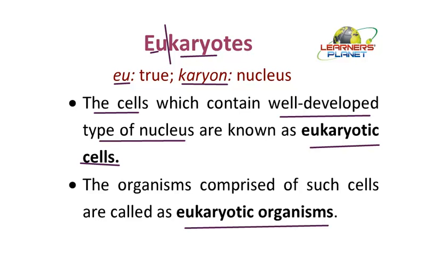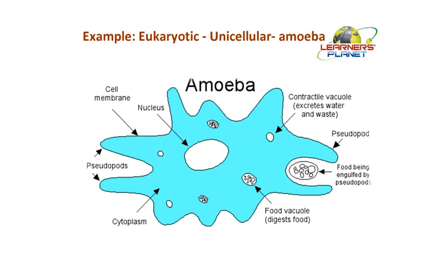So in the beginning, we said that these eukaryotic organisms can be unicellular or they can be multicellular. What do you mean by unicellular and multicellular? Unicellular, let us give a reminder of that definition. A single cell which is capable of performing all the life-sustaining functions is known as a unicellular organism.